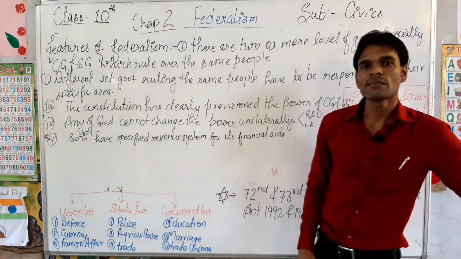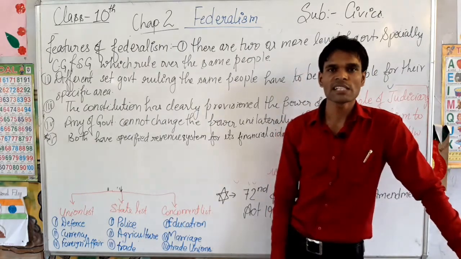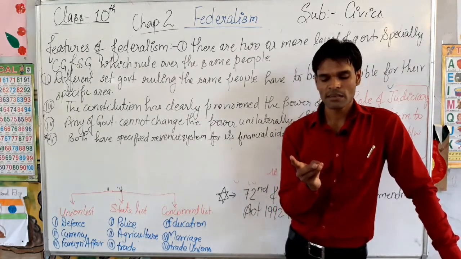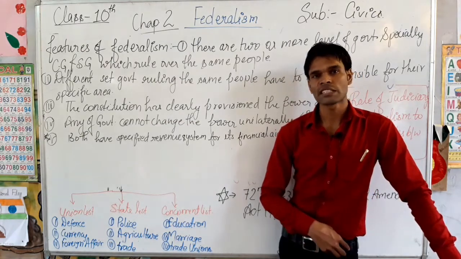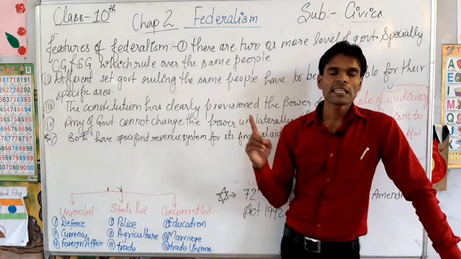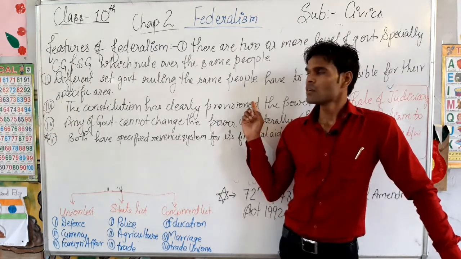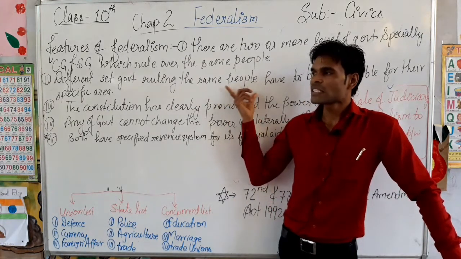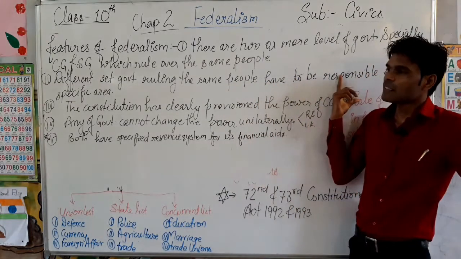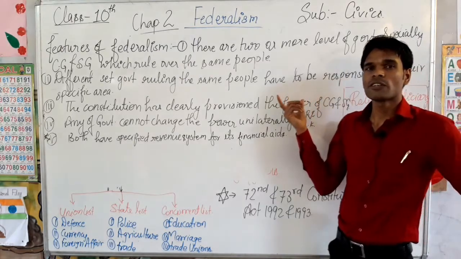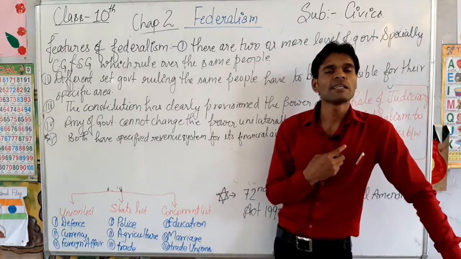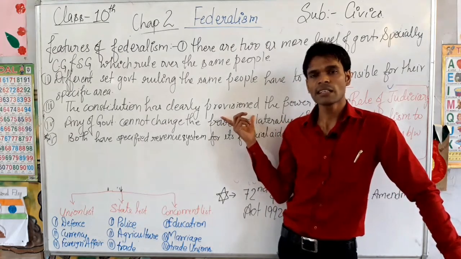Like in India, there is the provision of a single citizenship. Not that a person is a citizen of Uttar Pradesh and then a citizen of India. In India there is only Indian citizenship. So both governments, central and state, rule over the same people, but they have different specific areas. Like the UP government has its specific area, so it will make provisions for its people and territory.